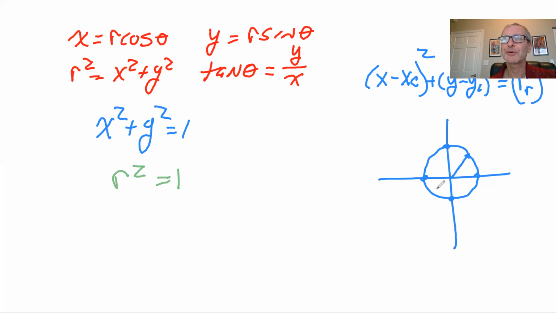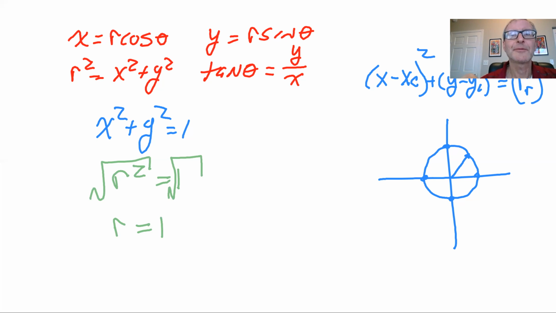To simplify this, we can take the square root of both sides, and so r equals 1 is also the exact same equation. This is an equation of a circle with a radius of 1. And you can see that theta is not involved there, because theta could be any number all the way around 360 degrees.